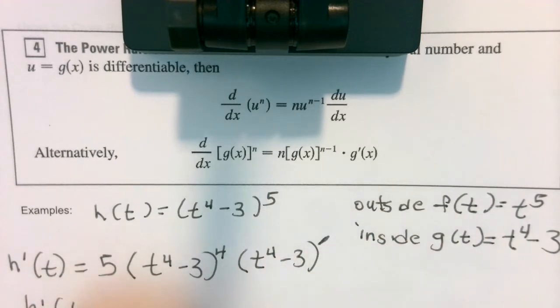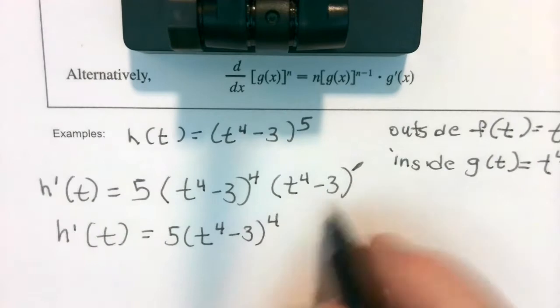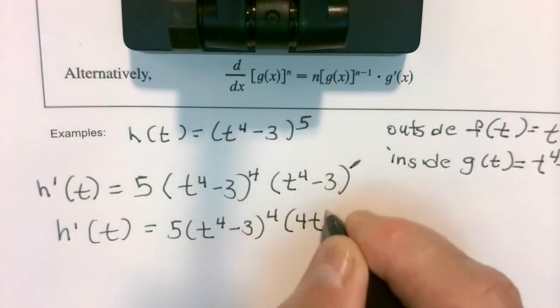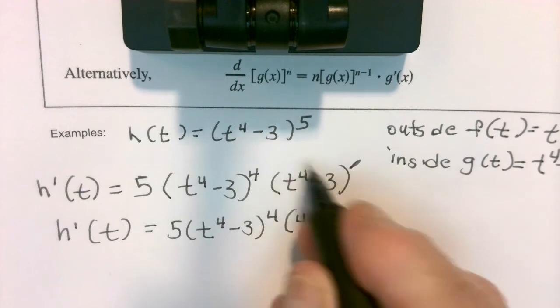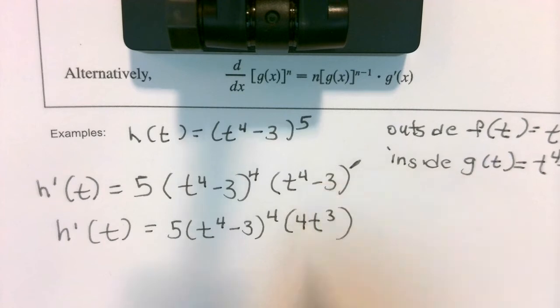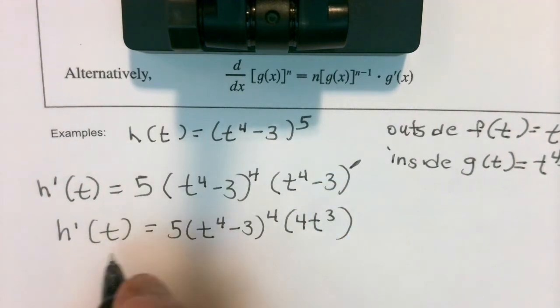So I've got 5 times t to the 4th minus 3 to the 4th. And then when I do the derivative of this function, it's going to be 4t cubed. That's the derivative of this, bring down the 4, subtract 1 from the exponent, and the derivative of minus 3 is 0.